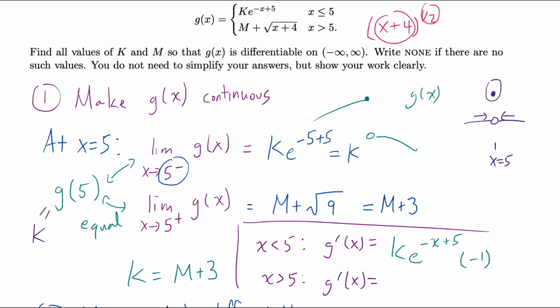How do you differentiate something to the 1/2 power? You can use the power rule. So 1/2 drops down, something to the 1/2 minus 1. You subtract 1 from the exponent, you get negative 1/2. And then by chain rule, I have to differentiate the inside function and multiply by that. Well, the inside function is just 1, so you don't really get any changes here by chain rule.